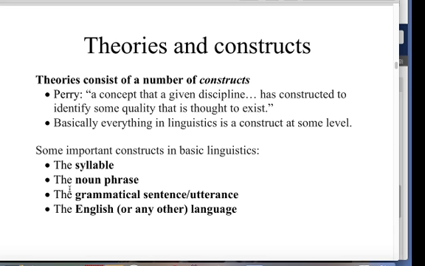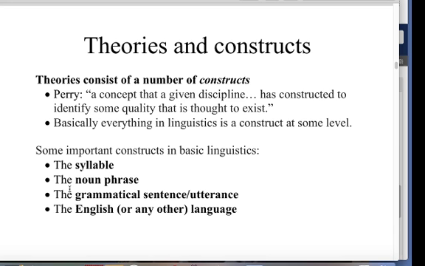Well, a construct is basically a concept that we use in a field. And why is it a concept? Well, it's not something you can point to out in the world and say, look, there is a gluon or something like that. Instead, it's going to be something that's somewhat indirectly connected to actual concrete things in the world. That's what makes a construct a construct.